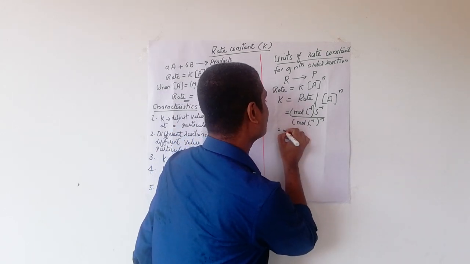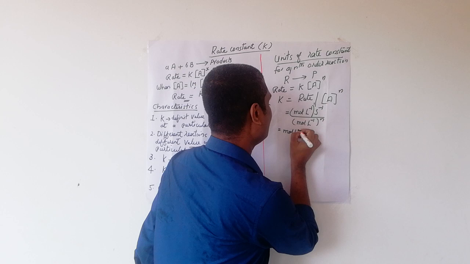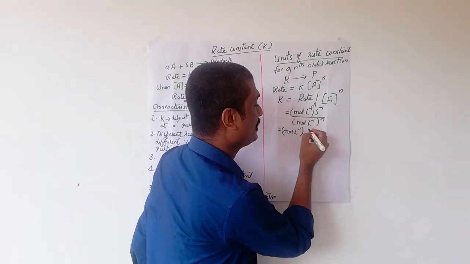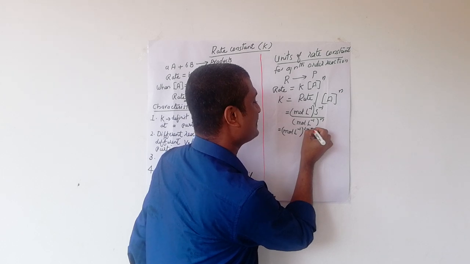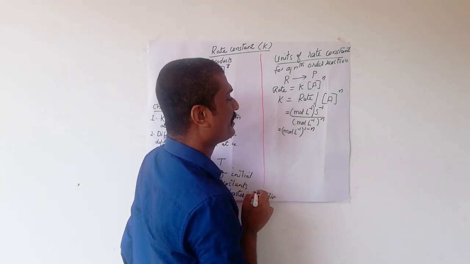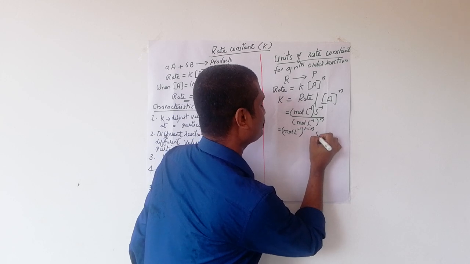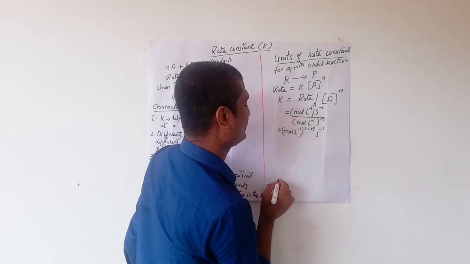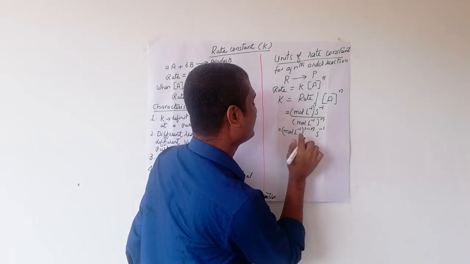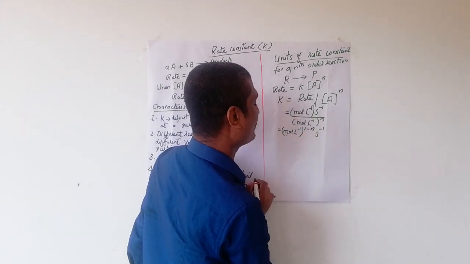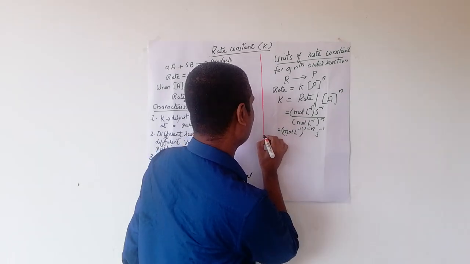Then it becomes (mol liter inverse) whole raised to 1 minus n, second inverse. That means mol raised to 1 minus n, liter raised to n minus 1, second inverse.